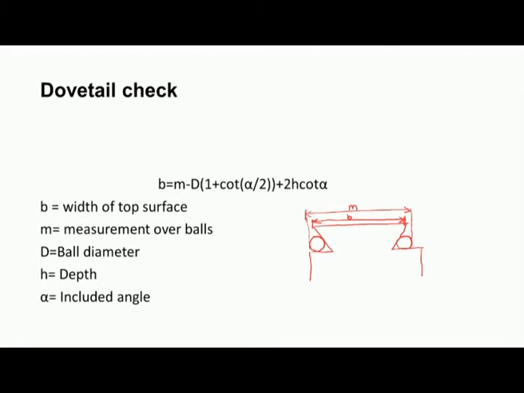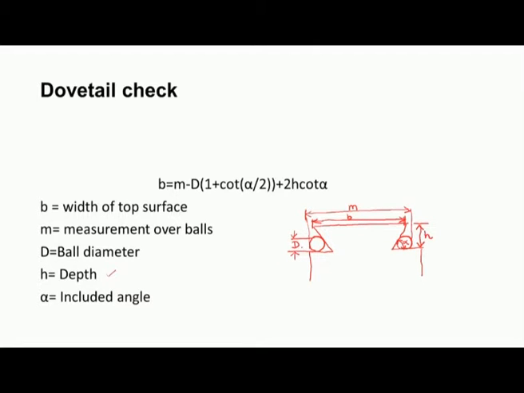So, this is B, the width of the top surface, and this is H, that is the depth. H is the depth, and this angle is alpha, and D is the diameter of the ball.